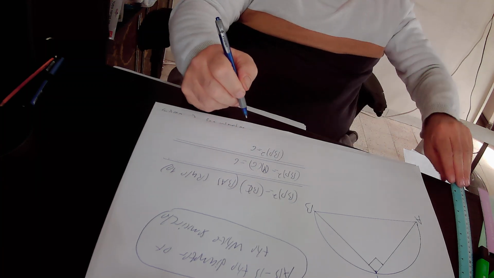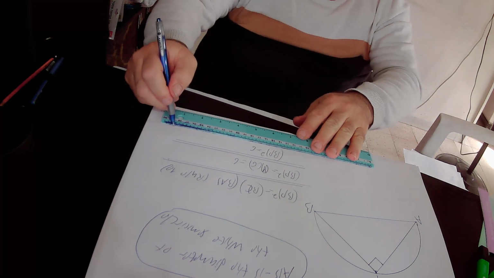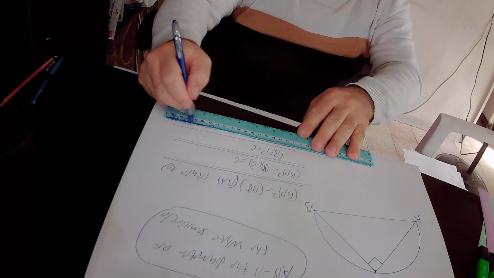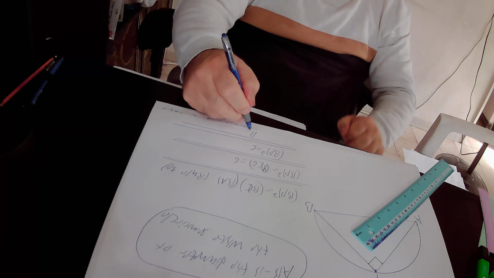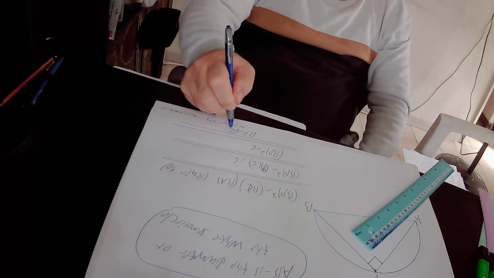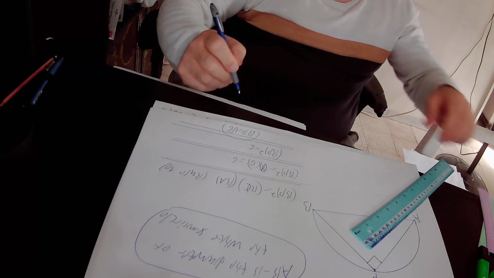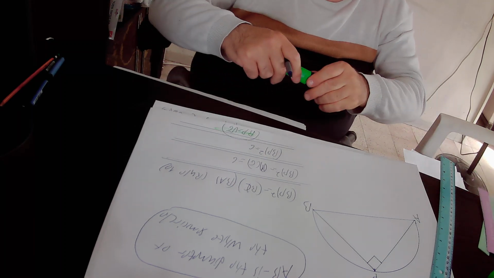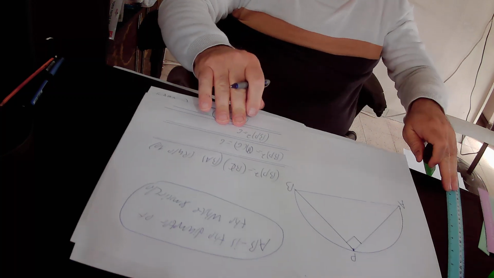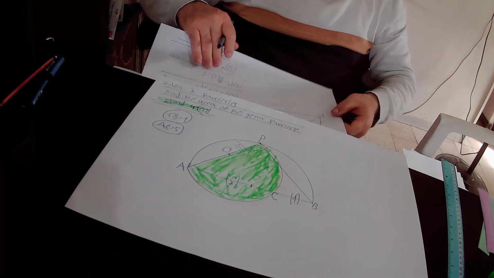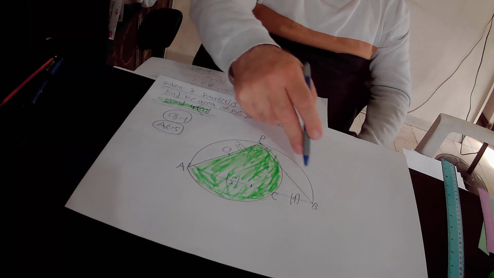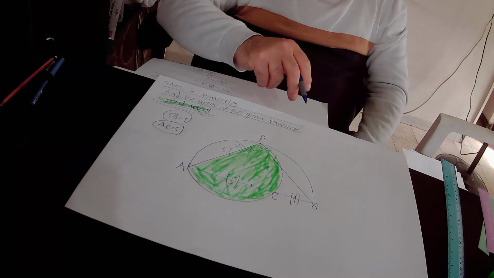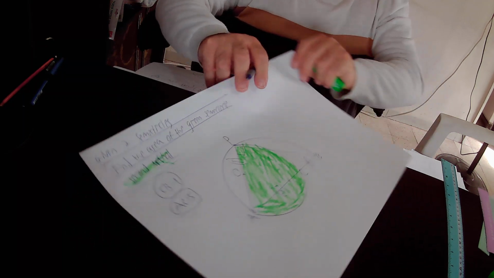We take a root out of this equation, and finally we get that the missing tangent BP equals the square root of 6 units in its length.